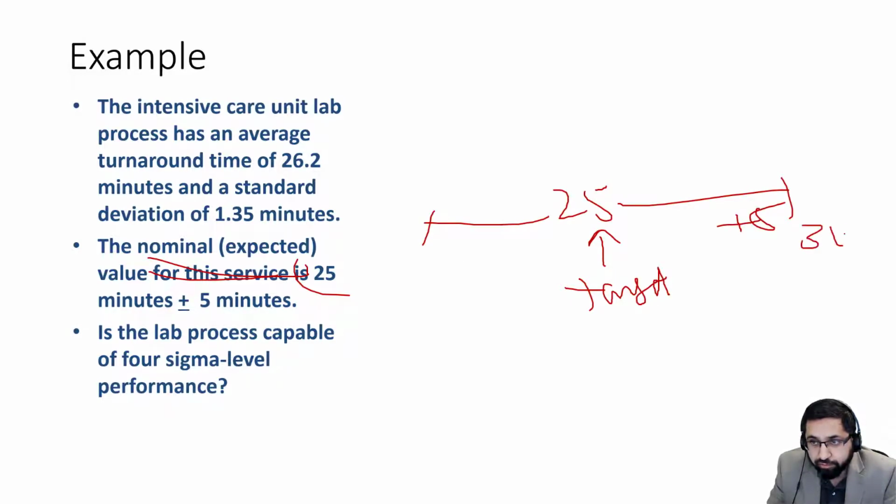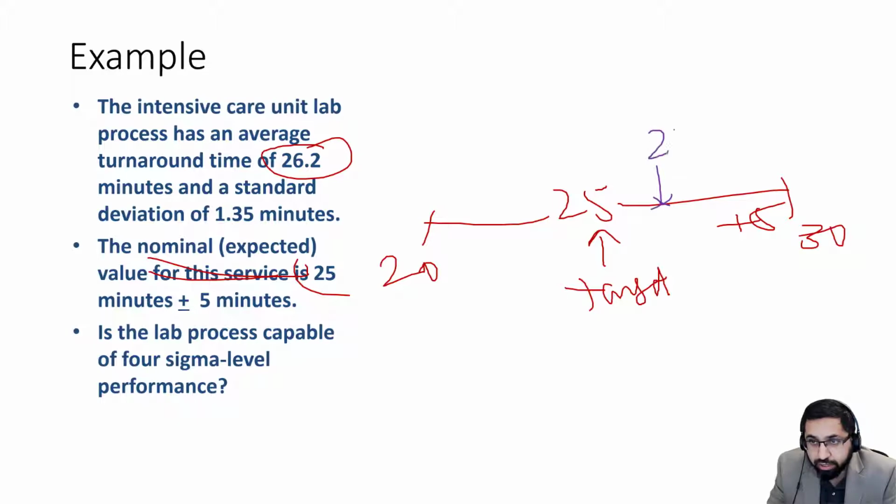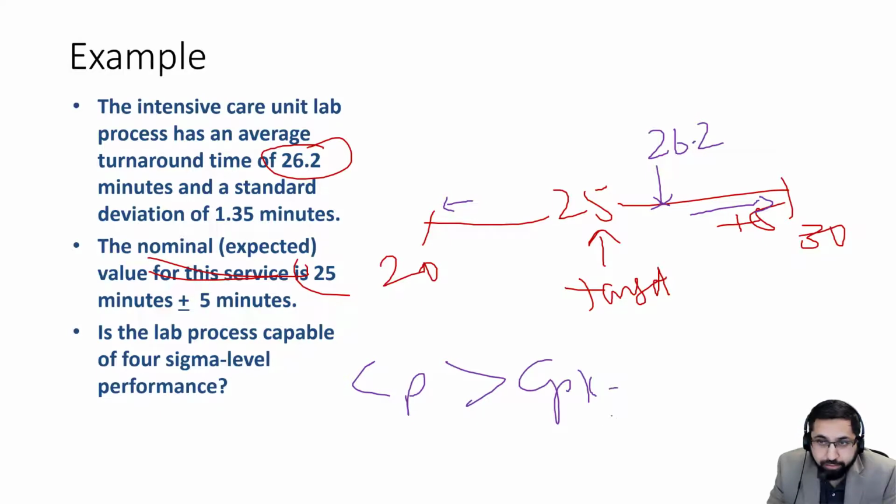So we go plus 5 to 30, minus 5 to 20, right? But our process output is an average of 26.2. That shows our process is not centered, because it's closer to 30 than it is to 20. It's not centered. That is why our CP is bigger than CPK.